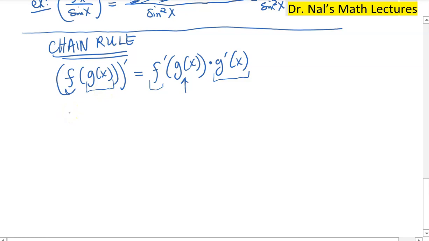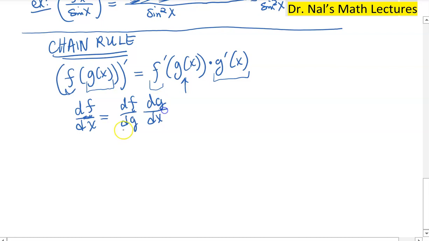We can just consider dy over dx. With this notation, I think it will be clearer. What the chain rule says is the following: dy over, say, for instance, dz times dz over dx. So this is kind of the main idea, or if you want, let's just use the same functions, right? So let me just remove these, so let's say df over dx is simply df over dg times dg over dx.